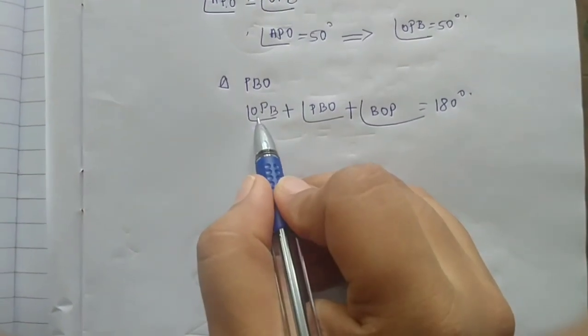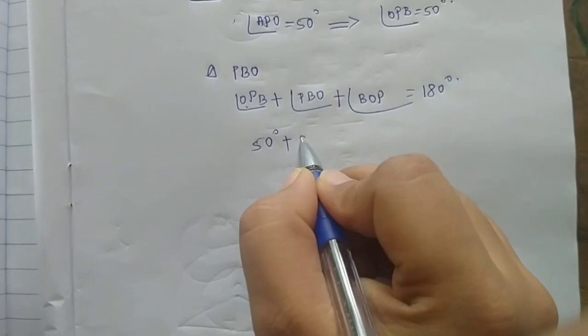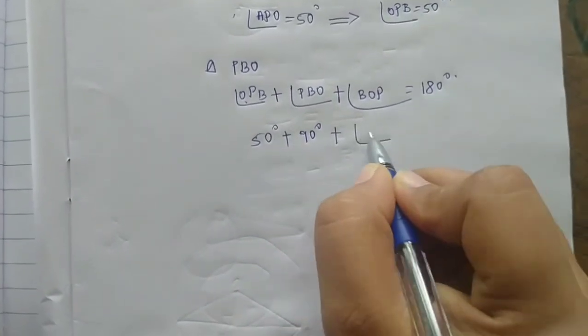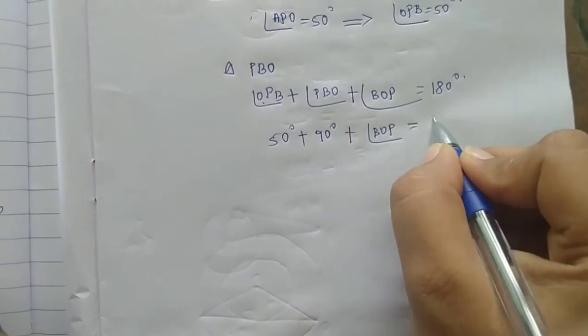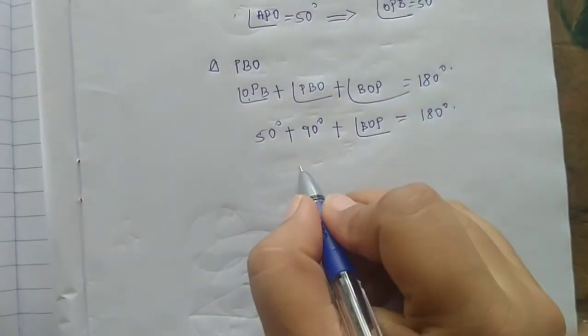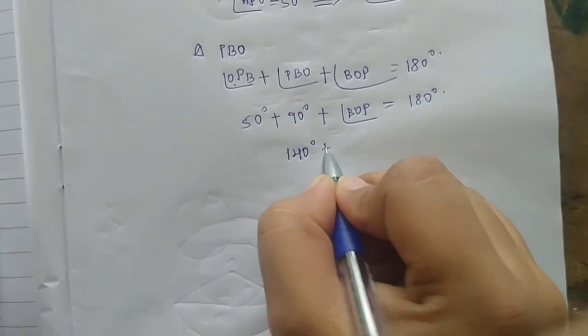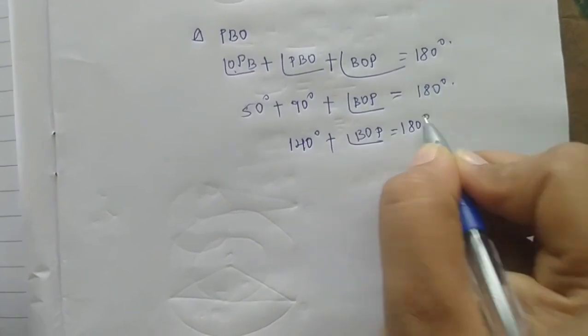We know the value of angle OPB is 50 degrees, and PBO is 90 degrees. We have to find the value of angle BOP or POB. So 90 plus 50 is 140, plus angle BOP is equal to 180 degrees.